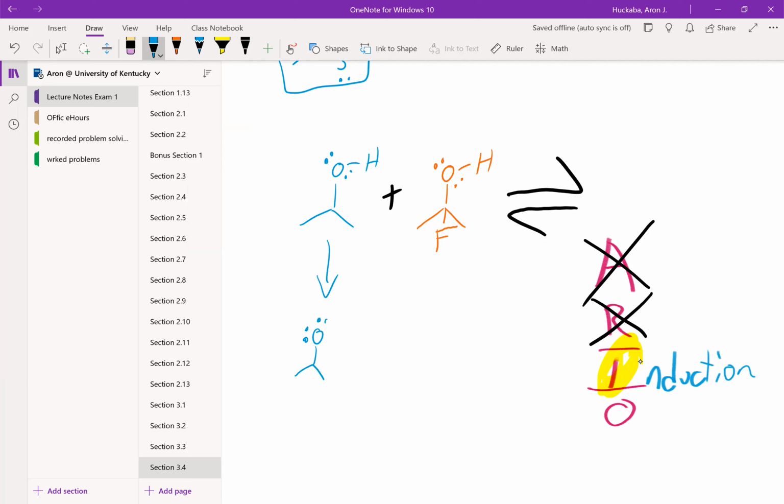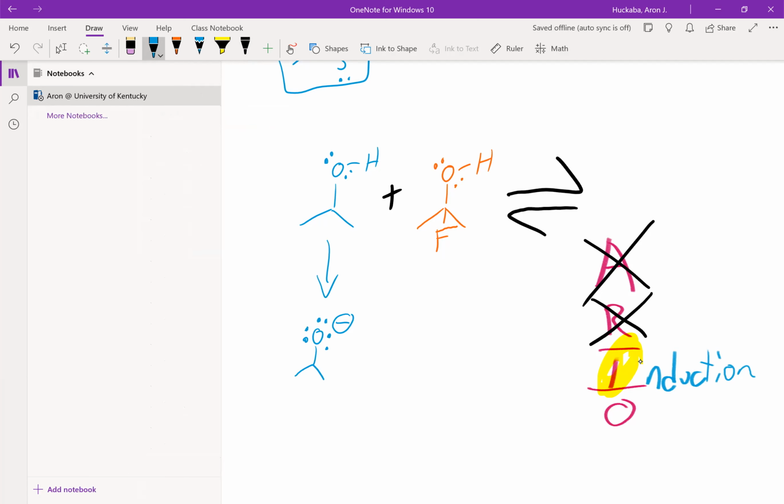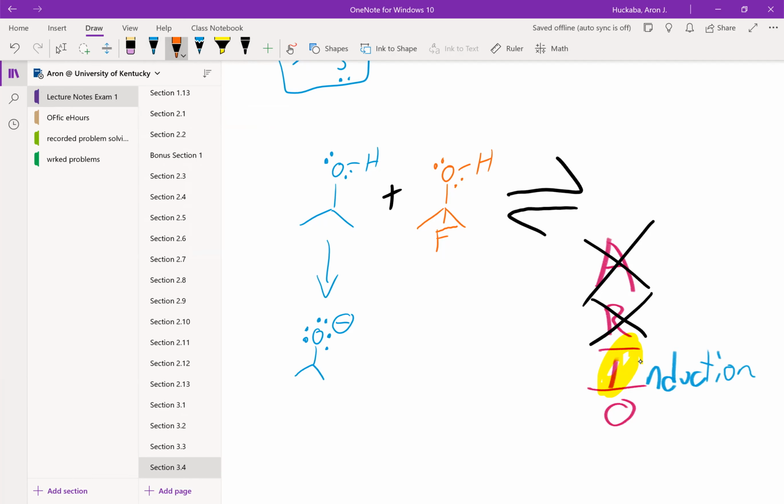So here the conjugate base of this alcohol would be this alkoxide. And the conjugate base of this alcohol would be this alkoxide. All right. So what the I of the ARIO stands for is induction.